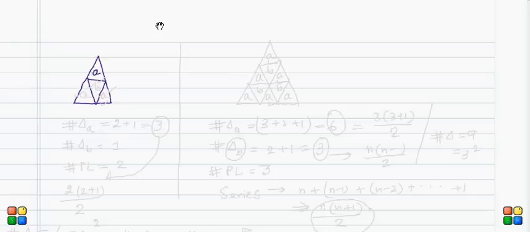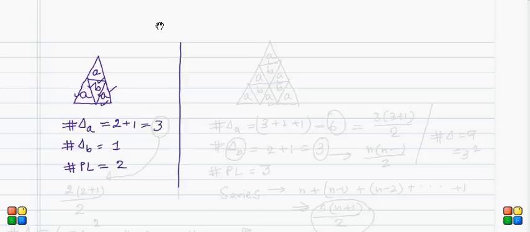The first one, say, mark it with A, and its neighbor marked with B, and the neighbor of B is again A and A. So in this case, the number of smaller triangles marked with A is equal to 2 plus 1 equal to 3. Similarly, triangles marked with B equal to 1. Number of parallel lines is equal to 2 because we have this line and this line, and similarly this and this and this and this. So we see some interesting numbers in this case, and let's go to the next level.